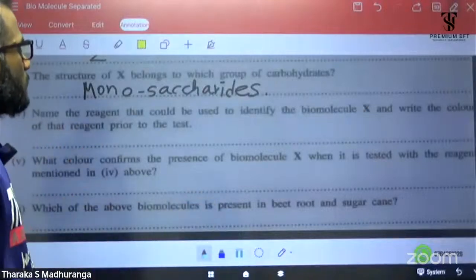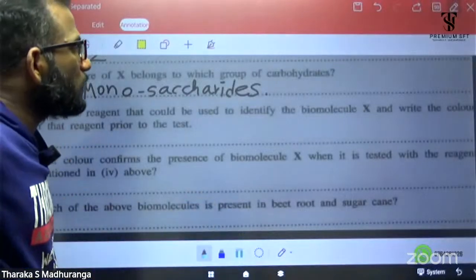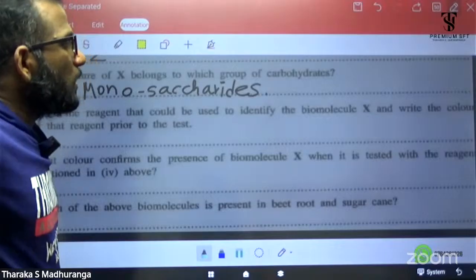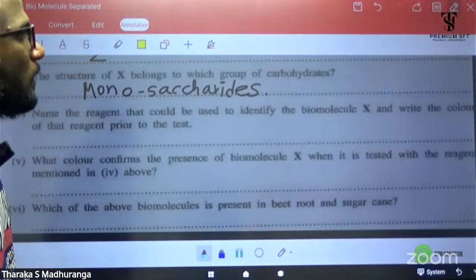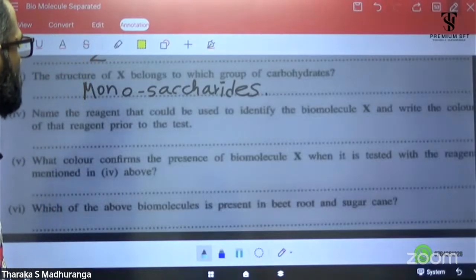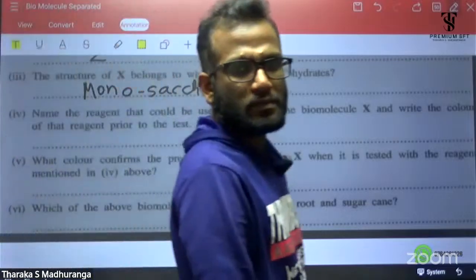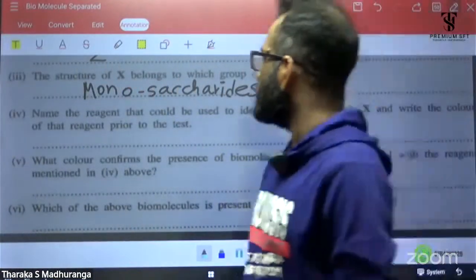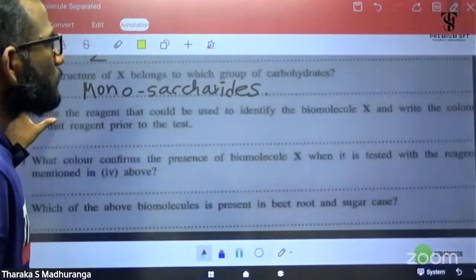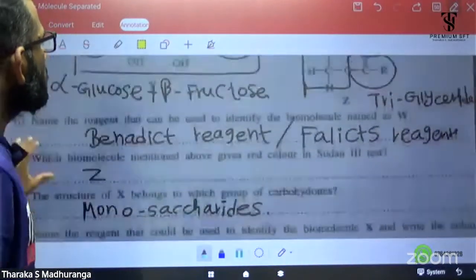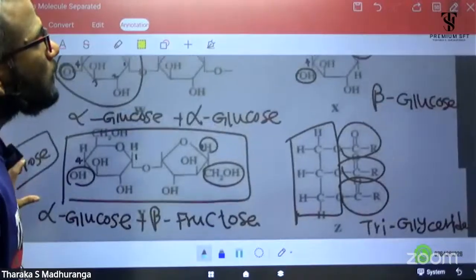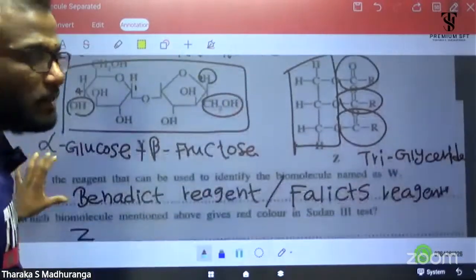Name the reagent that could be used to identify the biomolecule X and write the color of the reagent prior to the test. What does X mean? Beta glucose.